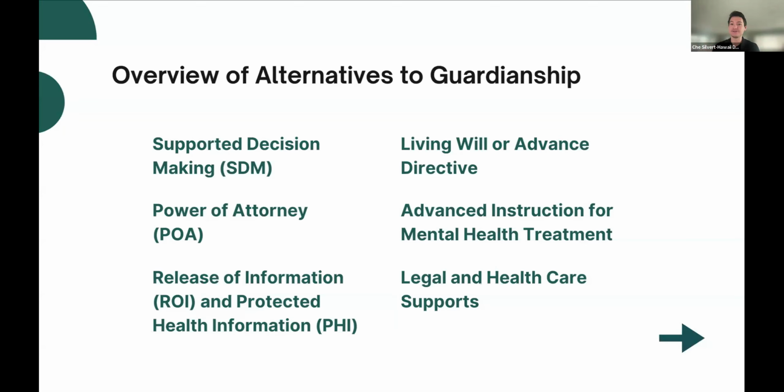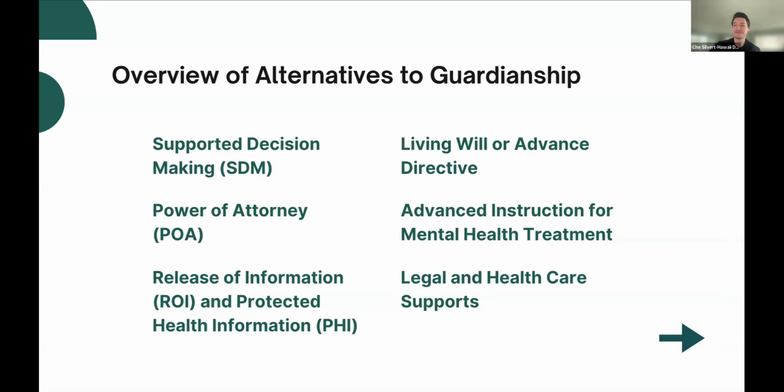So if there is a disagreement, the individual's choice is what is respected by the law. But power of attorney is a great thing if someone has a medical problem and they're incapacitated, it allows somebody else to make decisions for them. We'll get into those in more detail.